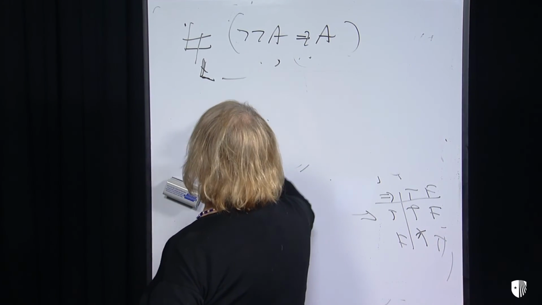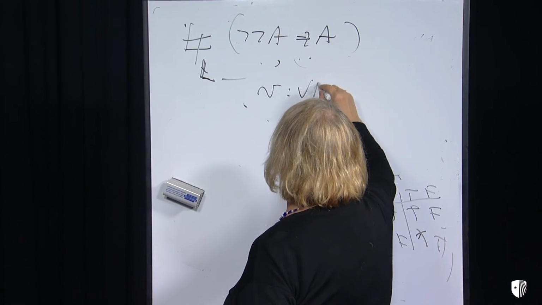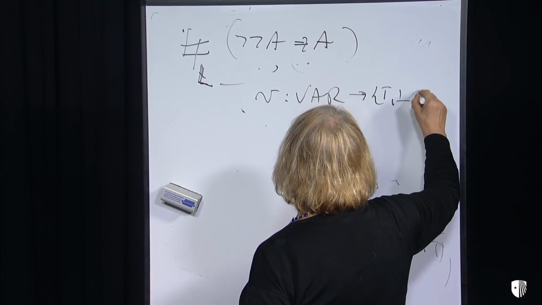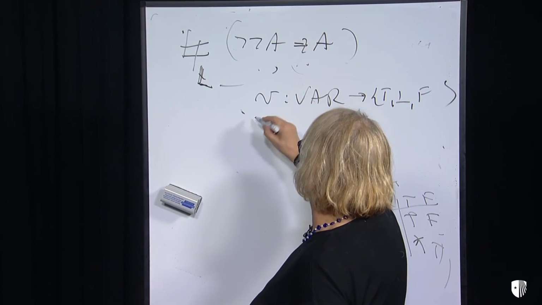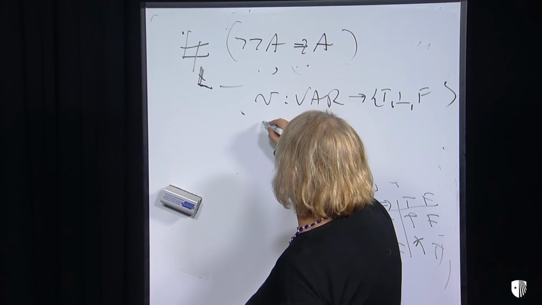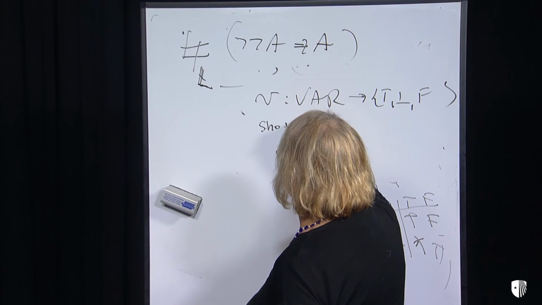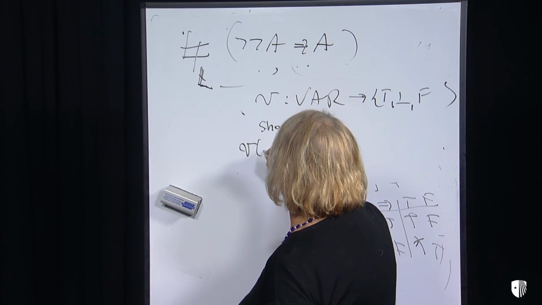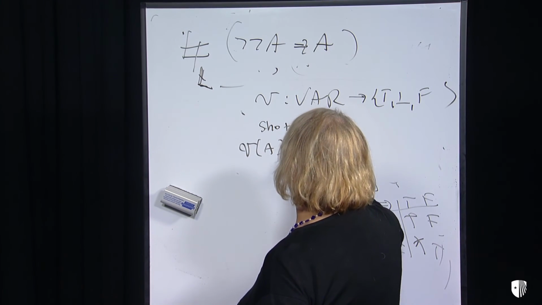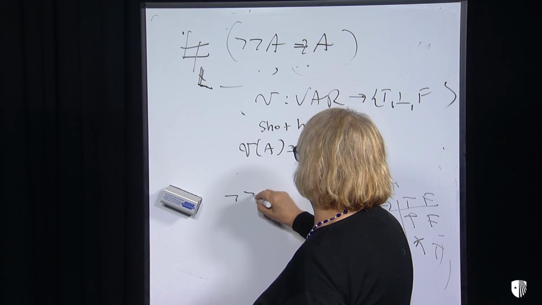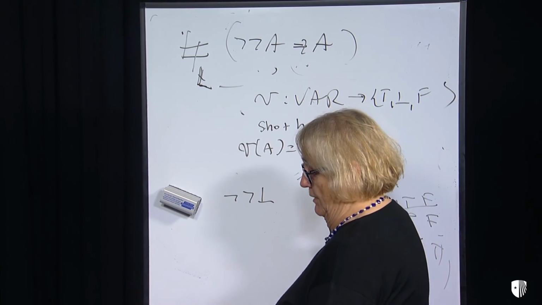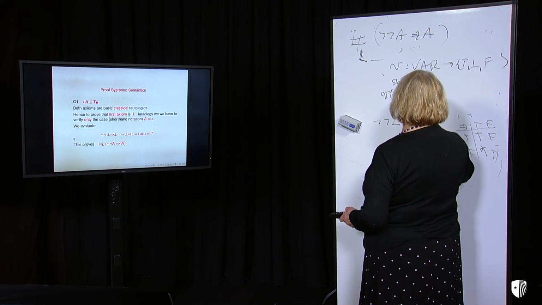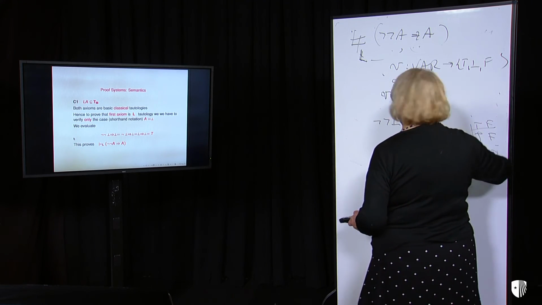Why? Because if you have a variable valued unknown, in shorthand notation, you say v of A is unknown, you get not unknown implies unknown.